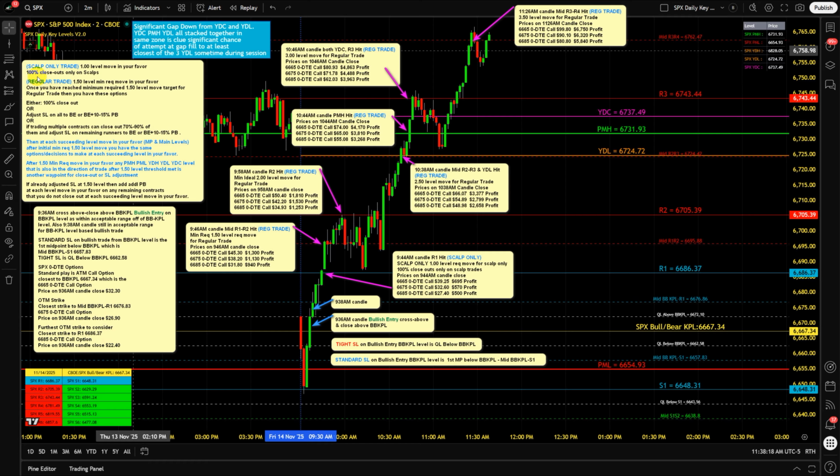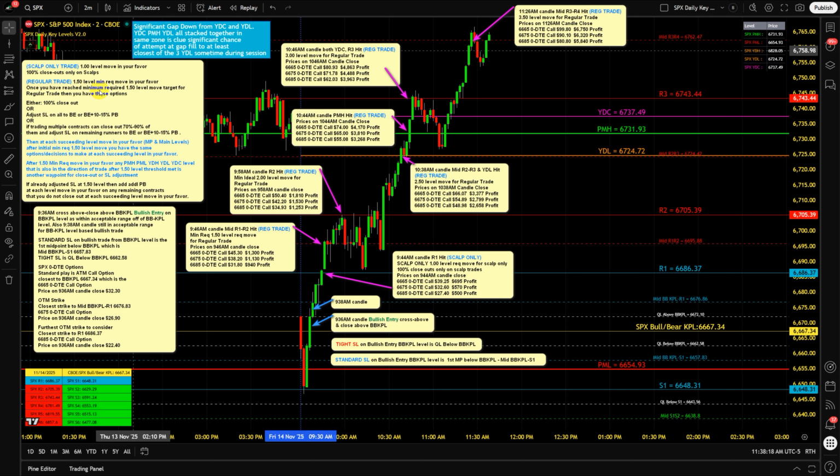Now here, this is a comment box reiterating what we brought up earlier. One level move in your favor for scalp only trades, 100% closeout on any scalps. Then we have what we call, with this indicator, a regular trade, a 1.50 level minimum required move in your favor.